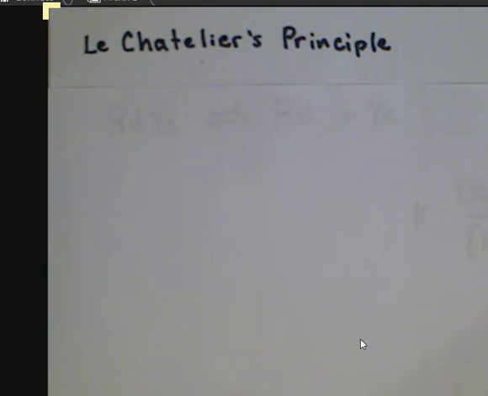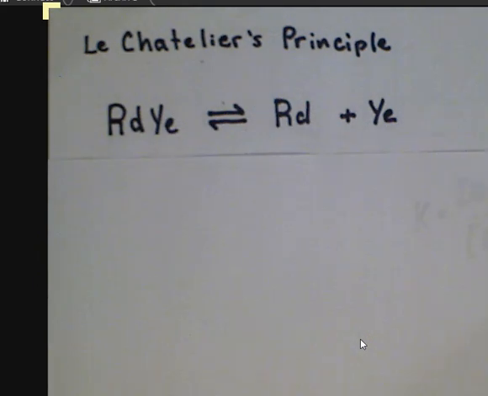So Le Chatelier's principle is the idea that a system that is at equilibrium, if disturbed, will react in such a way to restore equilibrium. Alright, so what does all that mean? Let's take a look at a very simple reaction using what else, right? Legos. So let's imagine for a second that we have this reaction.